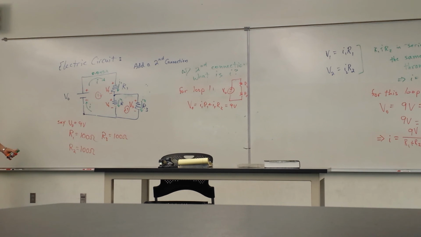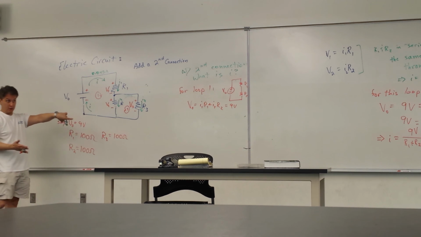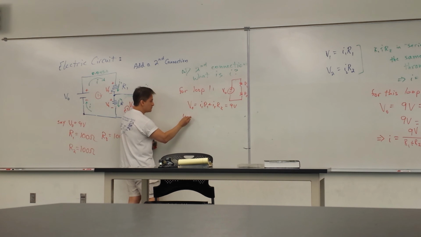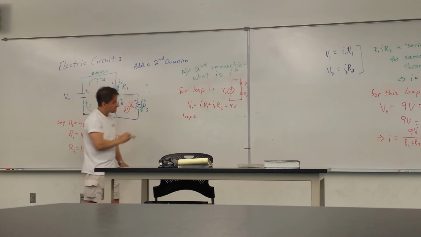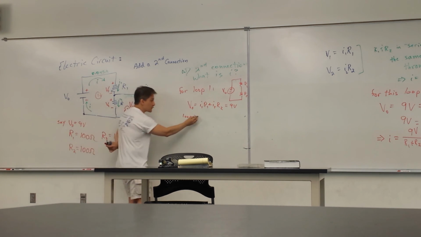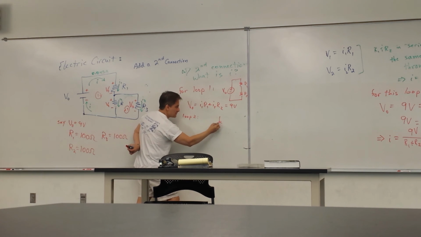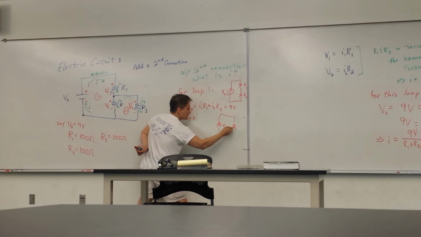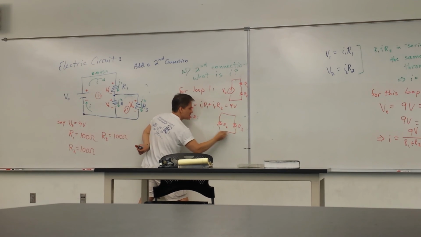Well, what else do I know? I've got at least one more loop to consider. So let's look at loop 2. For this loop, I'm going to use R2 and R3.